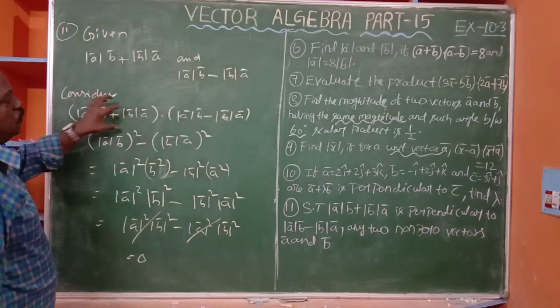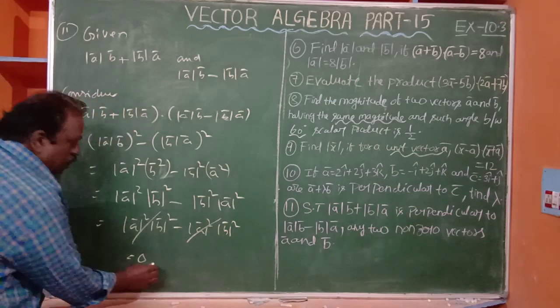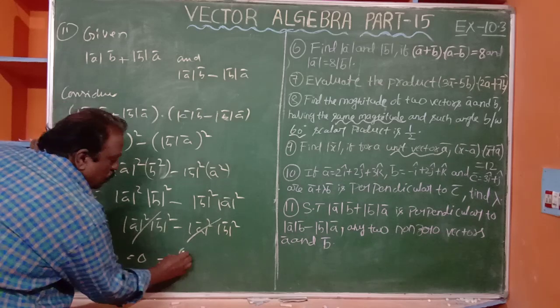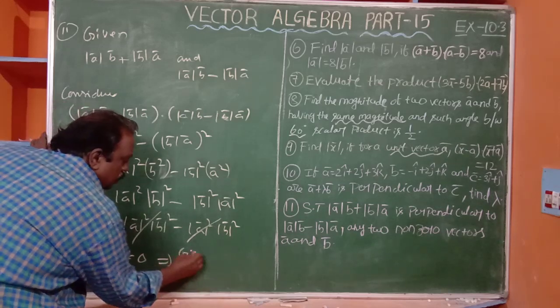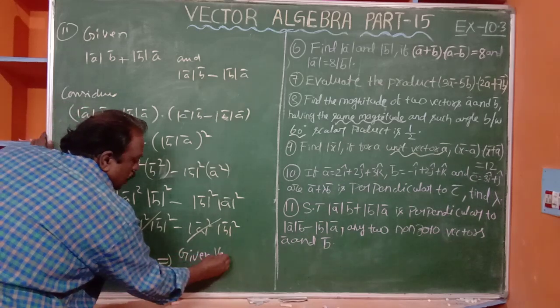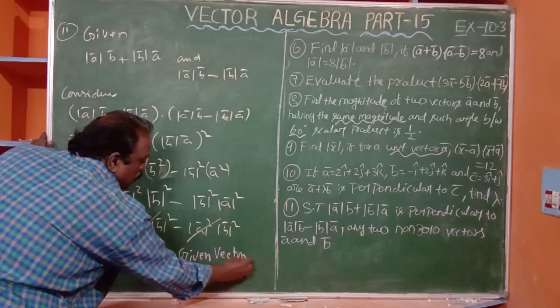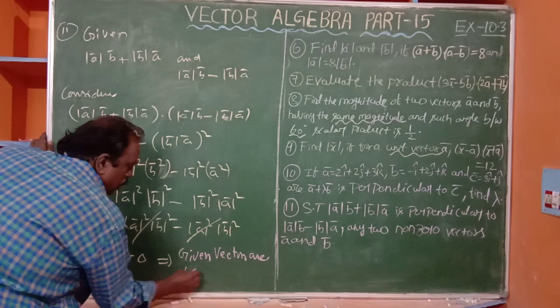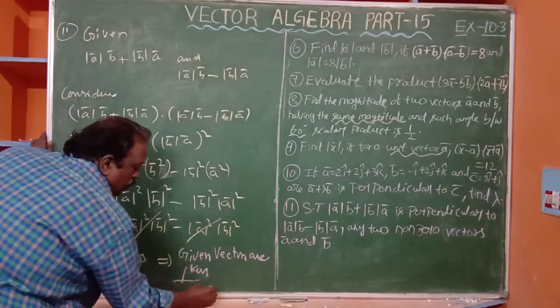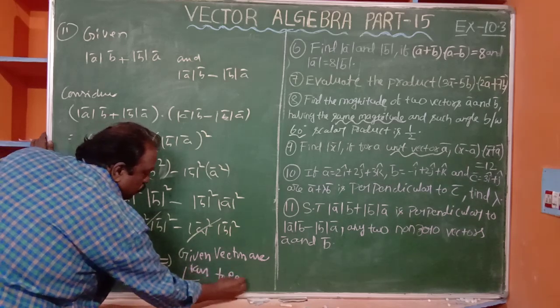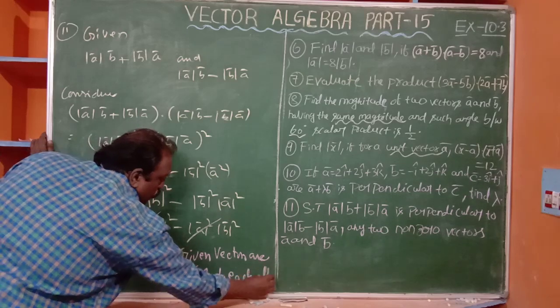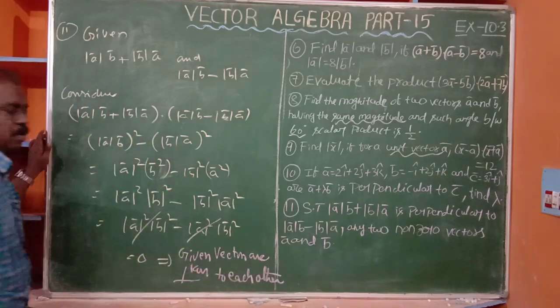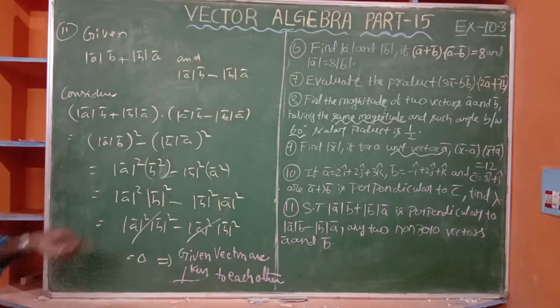So the dot product is 0. That means the given vectors are perpendicular to each other. You follow it.